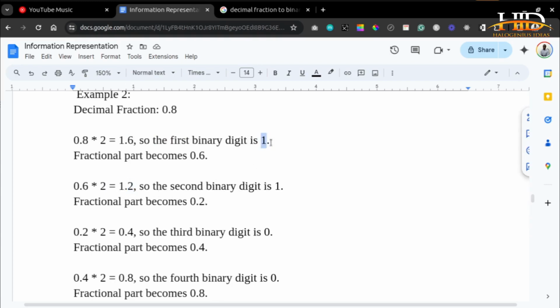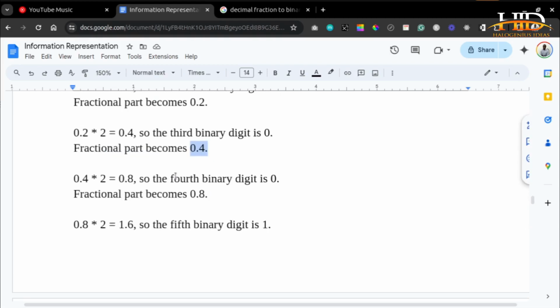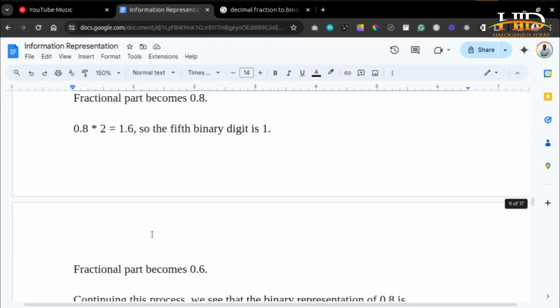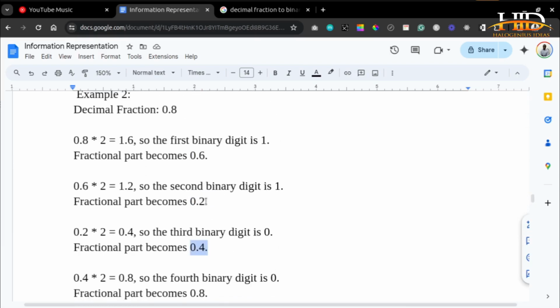So don't forget that we are noting down the whole number part. So that fractional part, I'll multiply by 2 again to get 0.4. So the whole number part in this case is 0, the fractional part becomes 0.4. So the calculation continues like that. When you have gotten the number of precision that you want, you are going to stop.